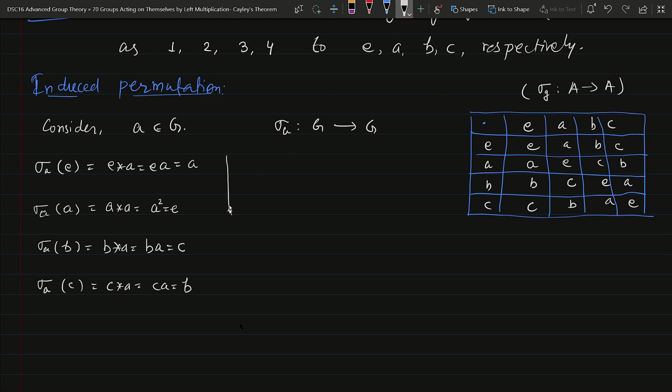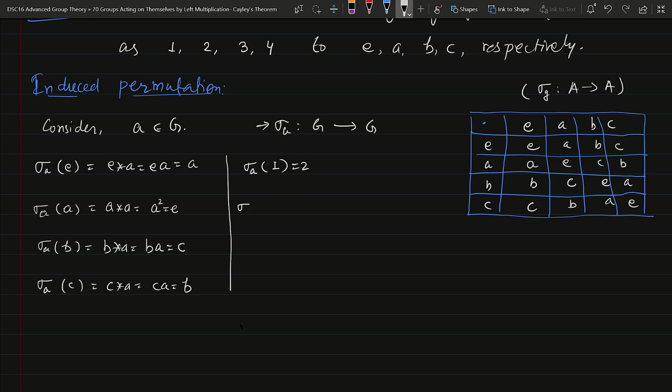Now in the scenario where we have already labeled e, a, b, c by 1, 2, 3, 4, under this sigma a permutation, sigma a on e, what was its meaning? 1. So where is the image of 1 going? To a, and a is 2, so sigma a of 1 becomes 2.